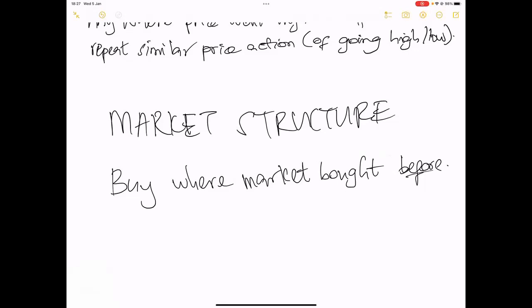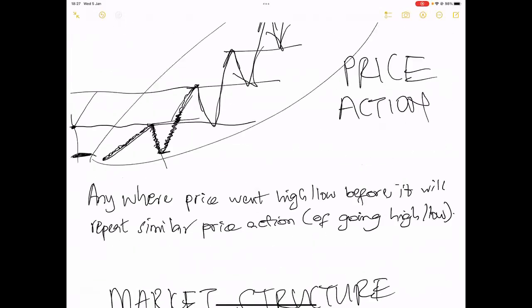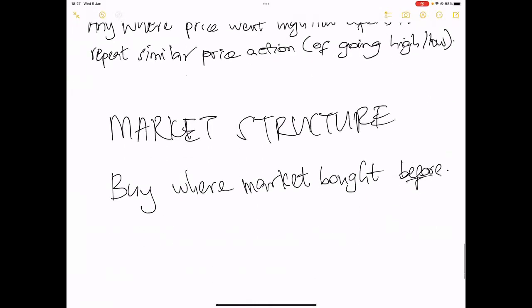Price action tells you buy where market sold before. Market structure tells you buy where market bought before.